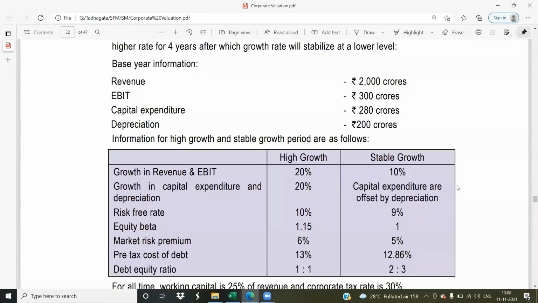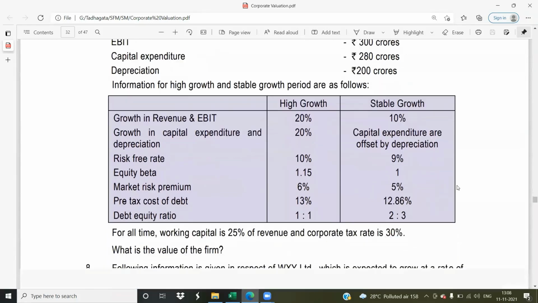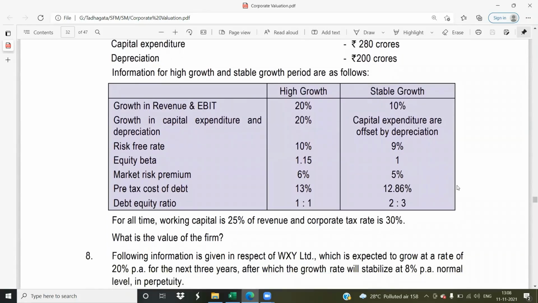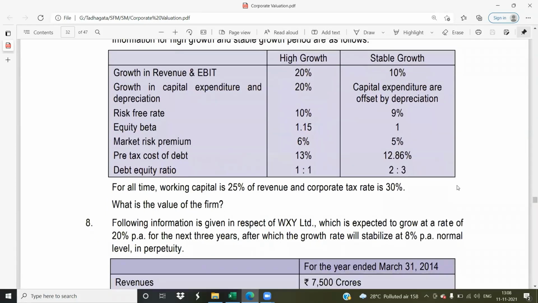This is the base year information: revenue, EBIT, capex, depreciation. Information for high growth and stable growth periods is as follows: growth, revenue, EBIT, capital expenditure, depreciation, risk-free rate, equity beta, market risk premium, pre-tax cost of debt, debt equity ratio. All these details are there for both periods. And for all time, working capital is 25% of revenue and the corporate tax rate is 30%. He's asking us to find out the value of the firm.